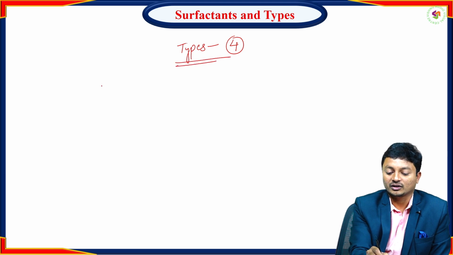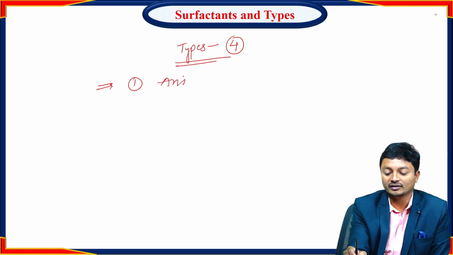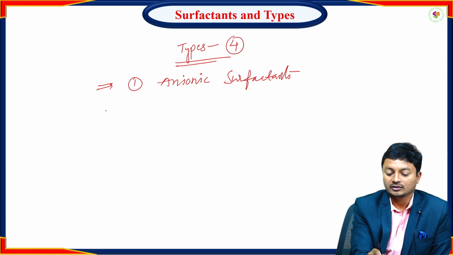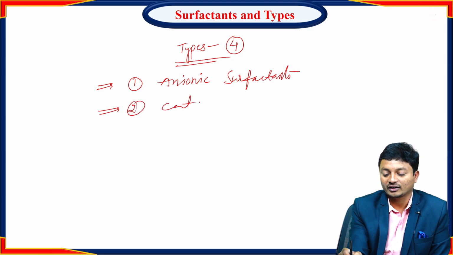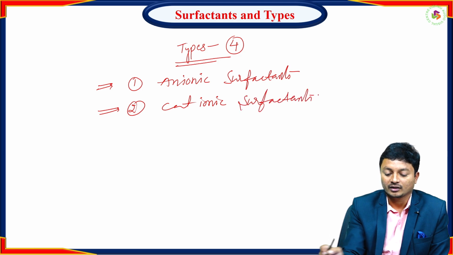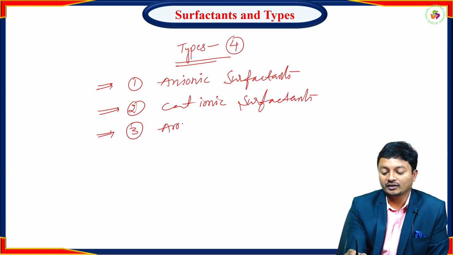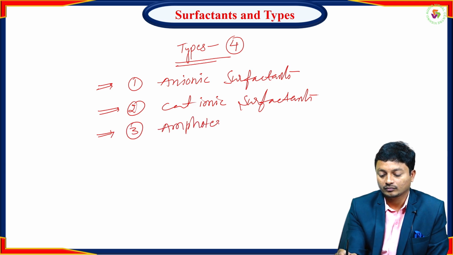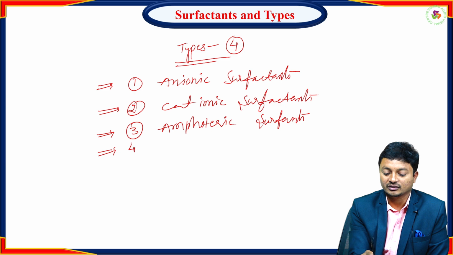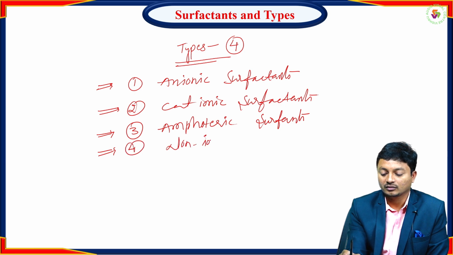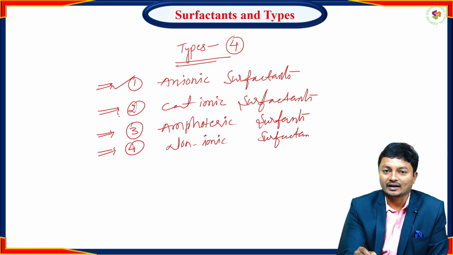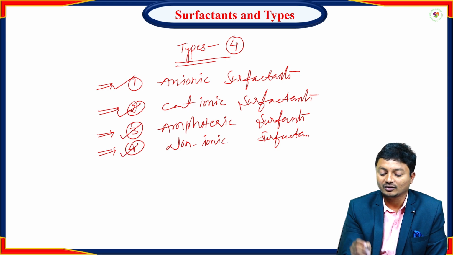The first one is anionic surfactants, the second one is cationic surfactants, the third one is amphoteric surfactants, and the fourth one is non-ionic surfactants.